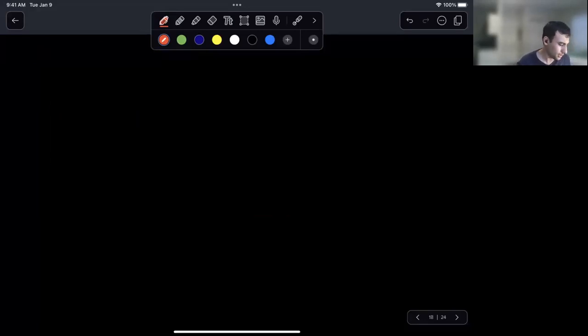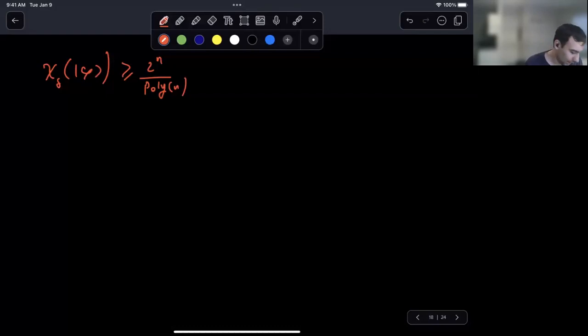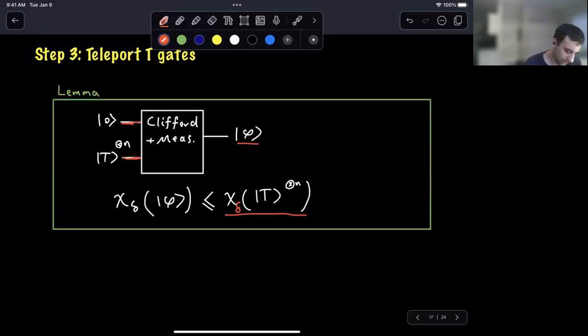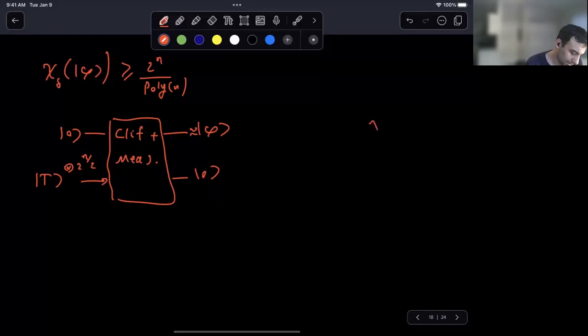Now I can put everything together. I had this state phi, and I know that its stabilizer rank is greater than 2 to the n over poly n, and I had this circuit with 2 to the n over 2 inputs in T, 0, and I had something close to phi, and 0, and here I had this Clifford plus measurement, and I can use this lemma here to conclude that the stabilizer rank of phi is less than the stabilizer rank of T to the 2 to the n over 2.